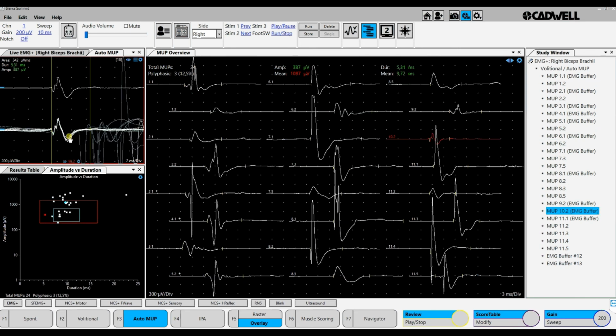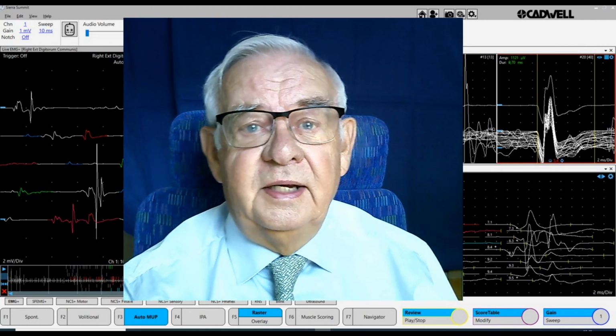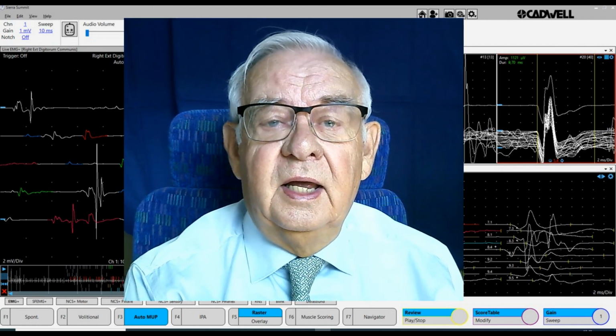So this was the end of the editing, and normally when I don't sit and demonstrate, it takes about half a minute to remove bad signals and exceptionally change the cursor setting and remove copies. So you have seen some aspects of quantitative EMG.